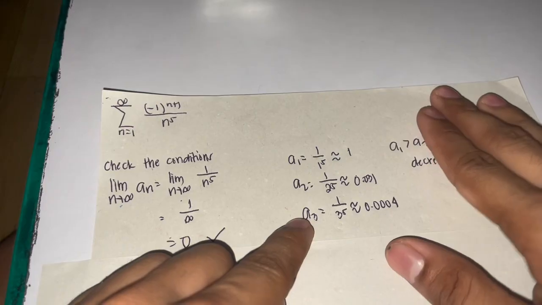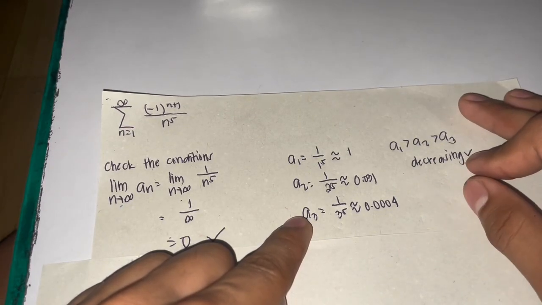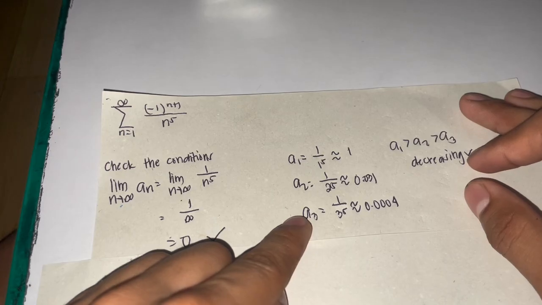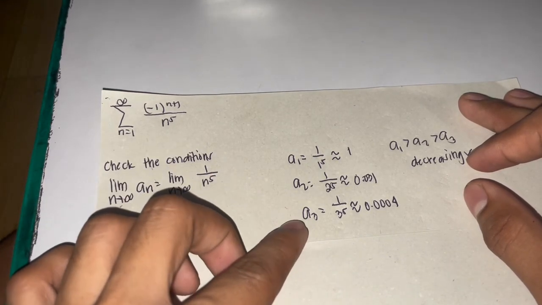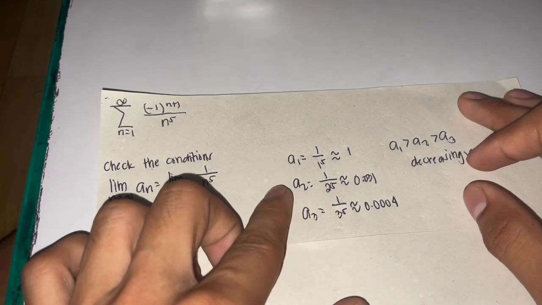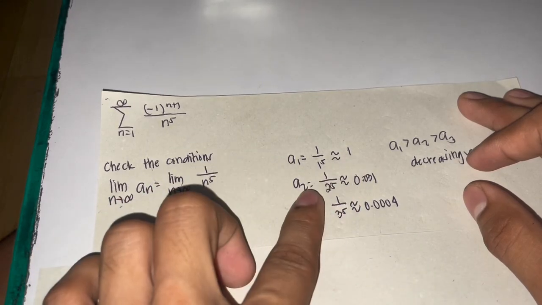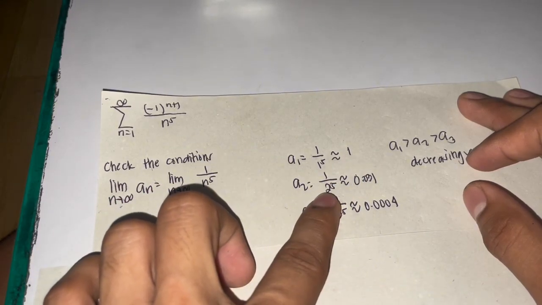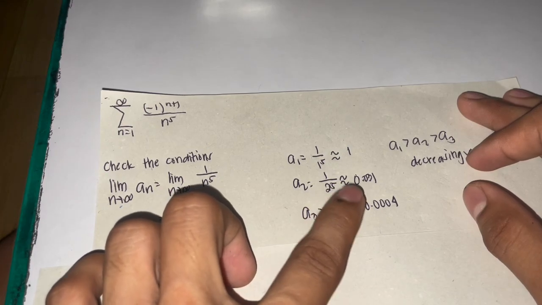Now we take a look at the second condition. It must be decreasing, so here we manually solve it to show that it is really decreasing. A sub 1 is 1 over 1 raised to the power of 5, which equals 1. A sub 2 is 1 over 2 raised to 5, approximately 0.031.